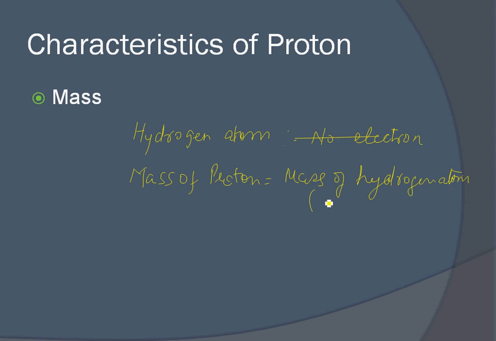That is 1 AMU. So the relative mass of the proton is 1 AMU. As simple as that.